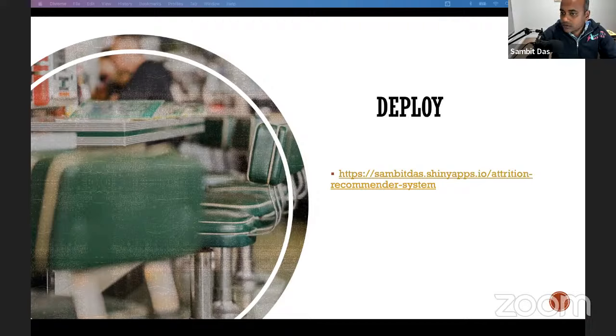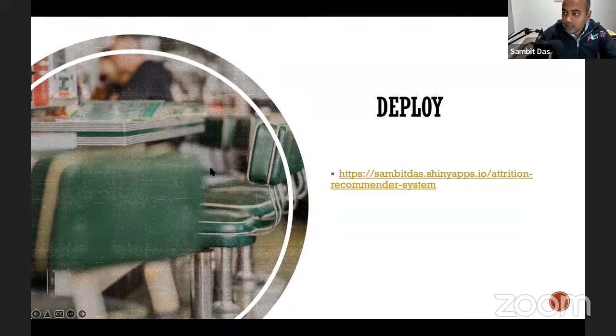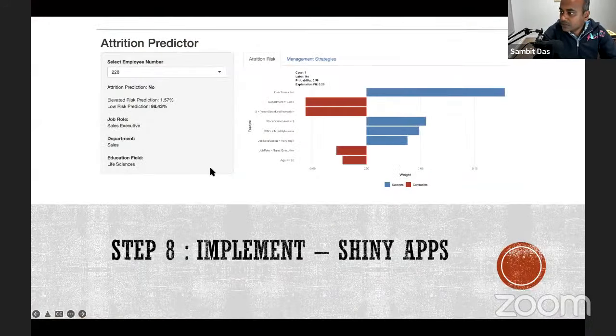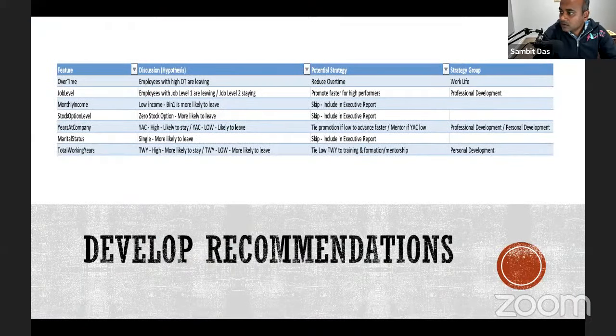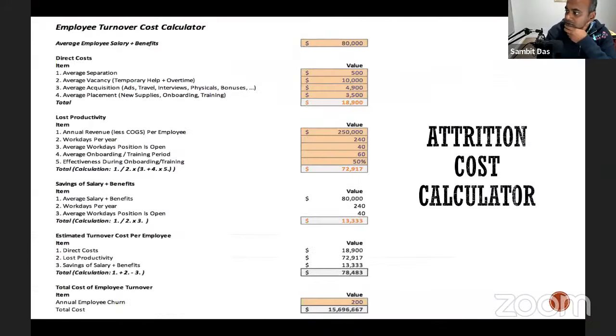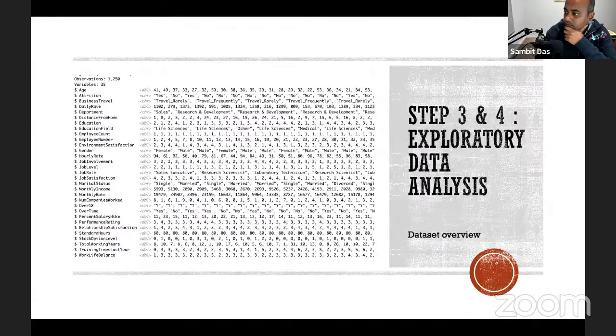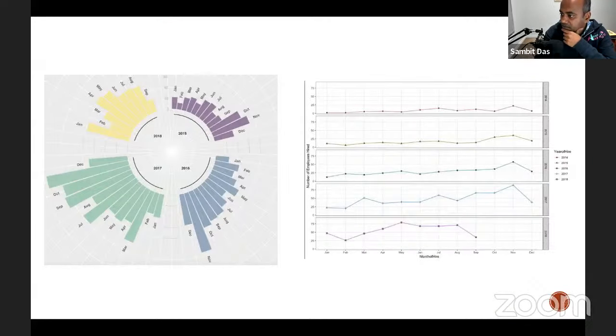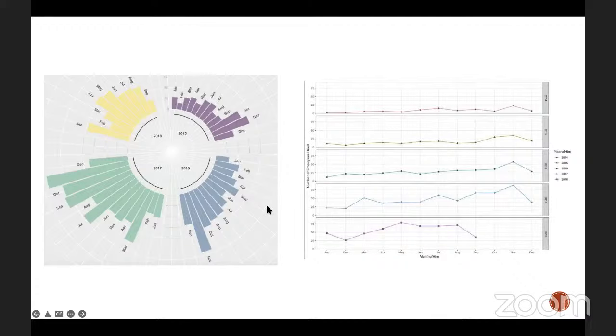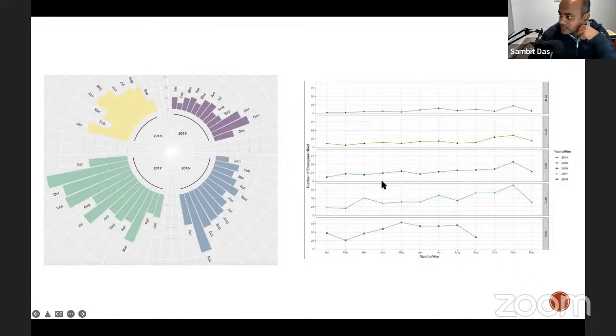So we have a question: what is the chart on the left called? Looks interesting. I'm not sure which chart was being referred to, so I'll just cover them. These are basically visuals that we use. This is like a facet plot where different curves and graphs are plotted into facets.